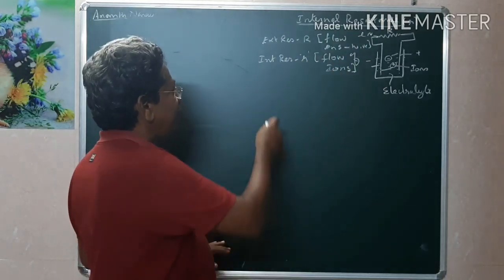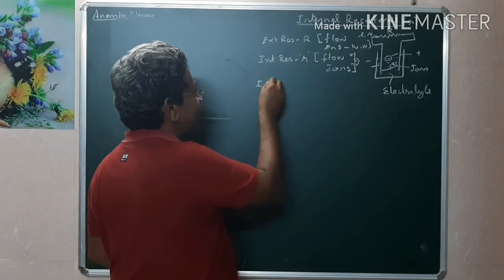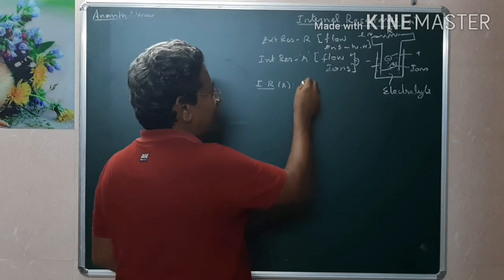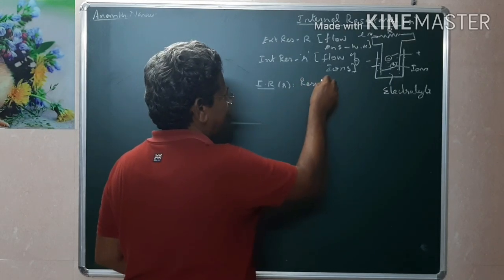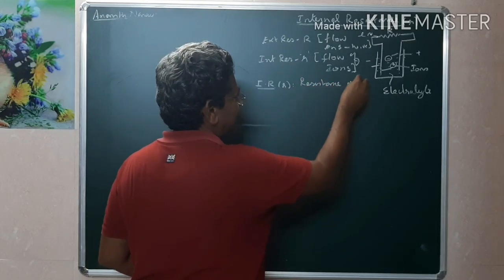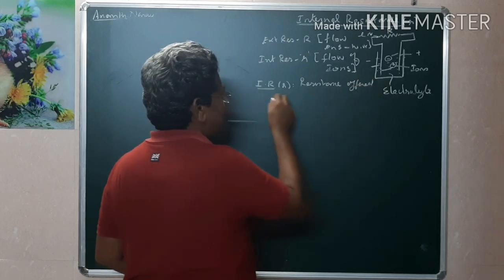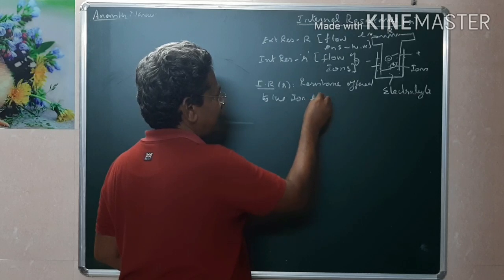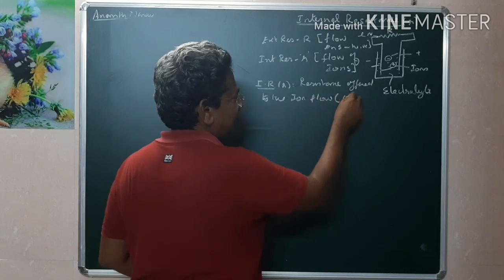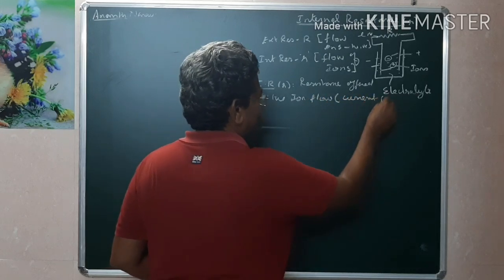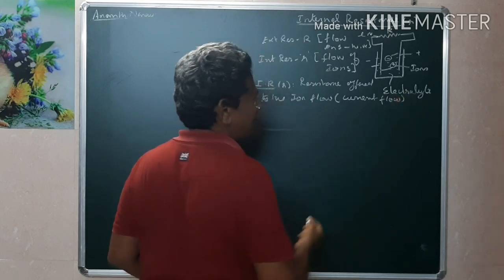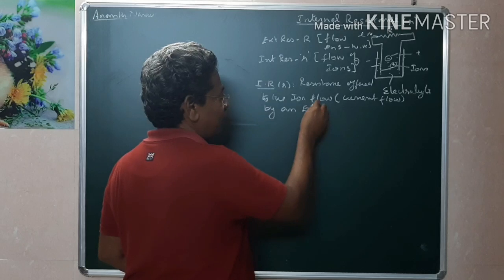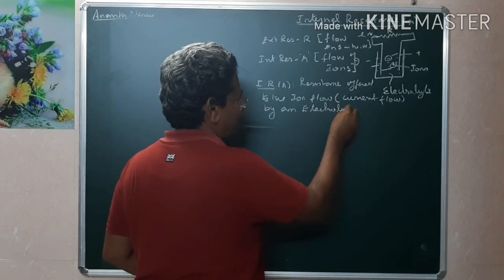Now I want to define what internal resistance is. Represented by small r, it is nothing but the resistance offered to the ion flow, or we can say the current flow, by an electrolyte inside the cell.